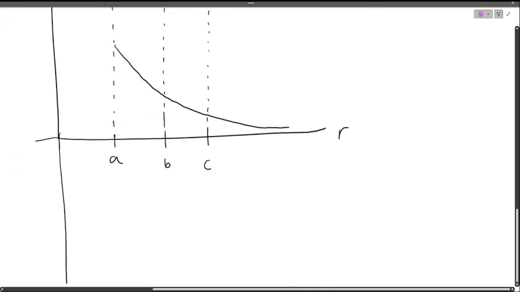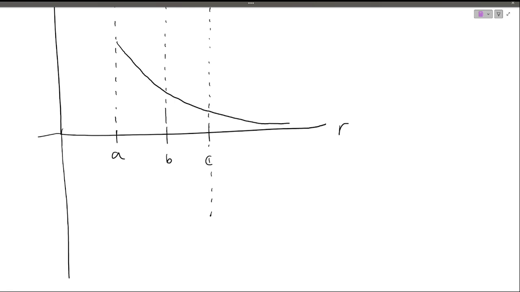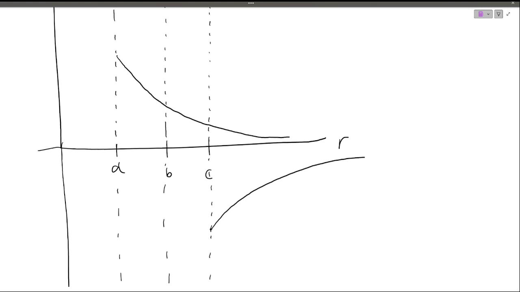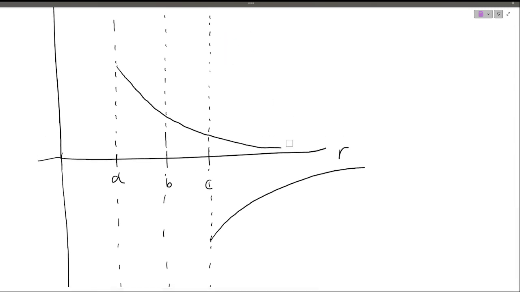So at this dotted line of c, you just eyeball down 3 times, somewhere around here, and then you continue from there, drawing your 1 over r relationship. And then you can go back and erase this excess over here, like so.